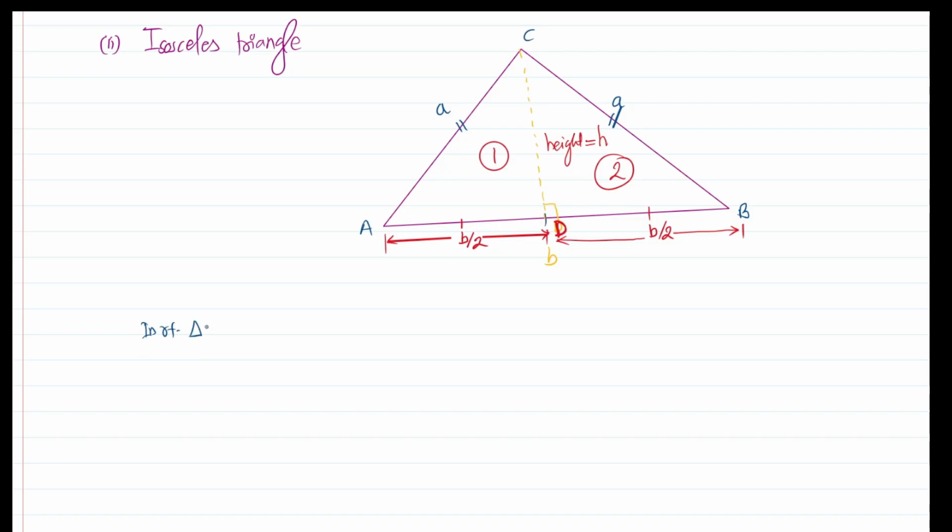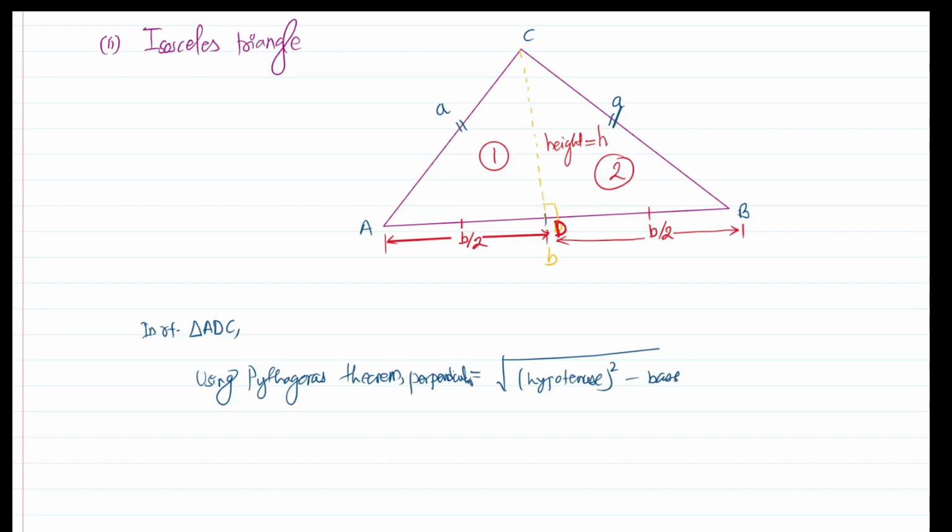So in right triangle ADC, using the Pythagoras theorem, the perpendicular, that is DC, will be equal to the square root of hypotenuse squared minus base squared. In the first right angle triangle, hypotenuse is AC, so AC squared minus AD squared.